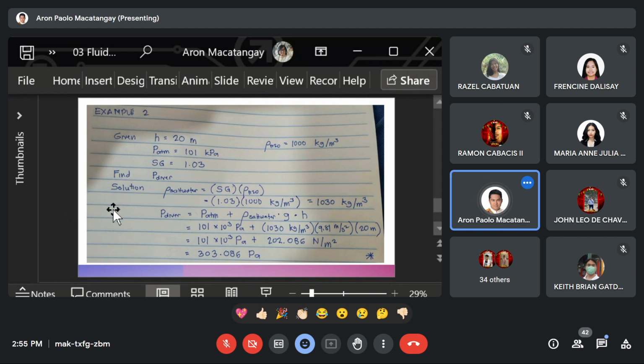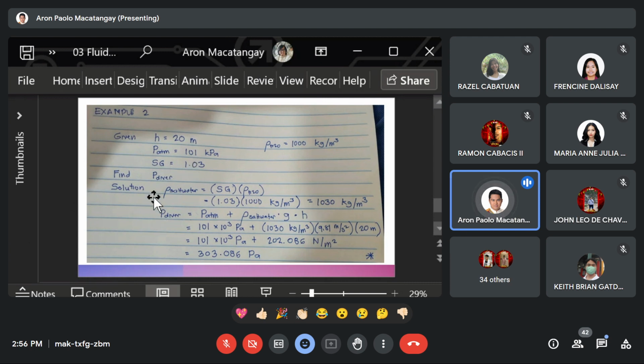So, how do you solve that? Remember, the P of the diver is yung rho gh niya, plus atmospheric. Kaya lang, hindi mo pa makuha yung rho gh niya kasi hindi mo pa alam yung rho ng seawater. No? Remember, seawater is different from yung standard na water kasi magkaiba yung density nila. And yun nga, the relationship is given by your specific gravity 1.03.